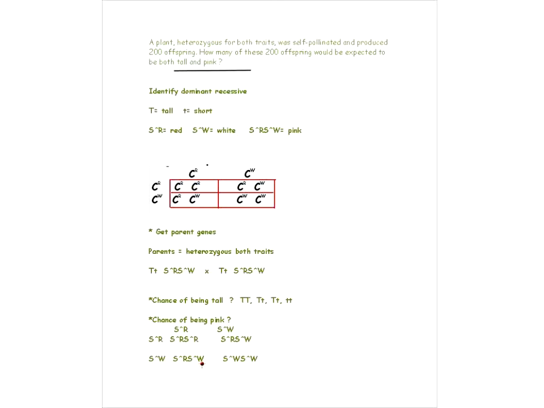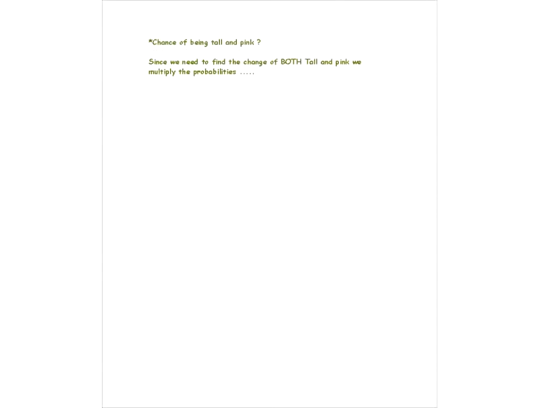I'll let you decide what that will be as a fraction, the probability of being pink, and then what that's going to be as a decimal. Once you know the probability of being tall and the probability of being pink, you multiply those 2 probabilities together to find the chance of being tall and pink. And that's all it's saying on this next page here.